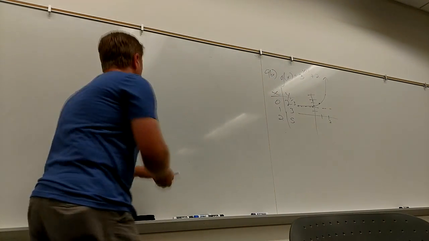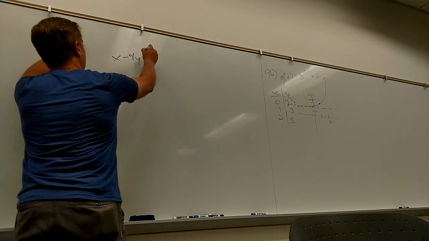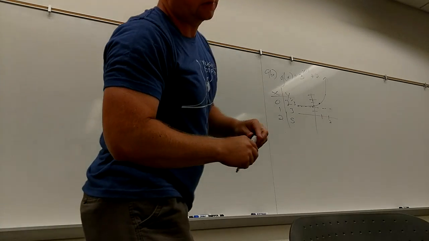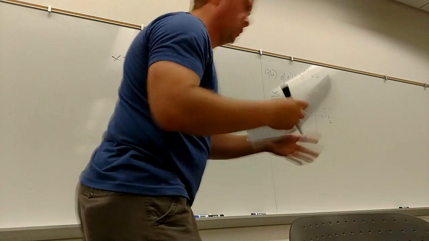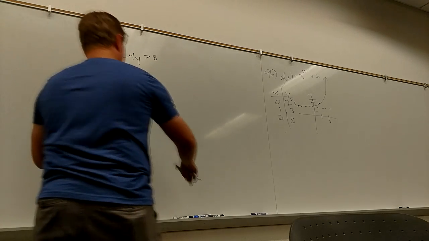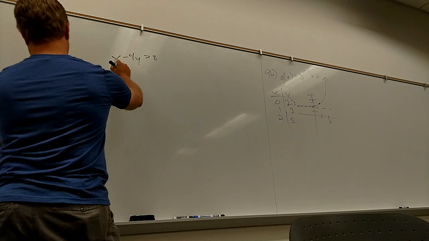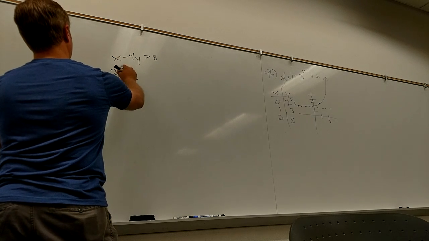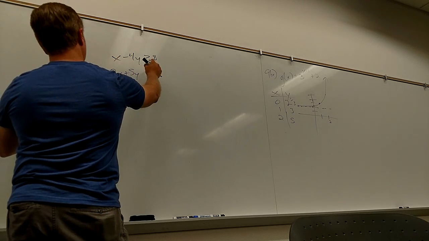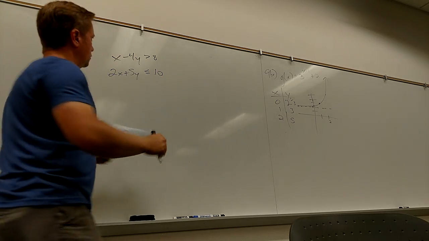So x minus 4y greater than 8, and let's do it purple, 2x plus 5y less than or equal to 10. Okay, cool.